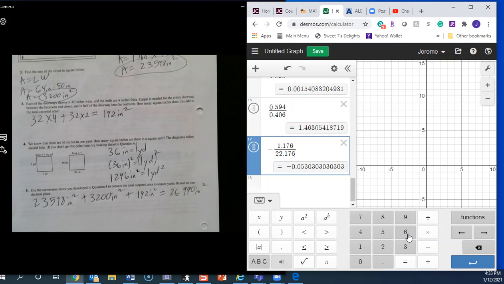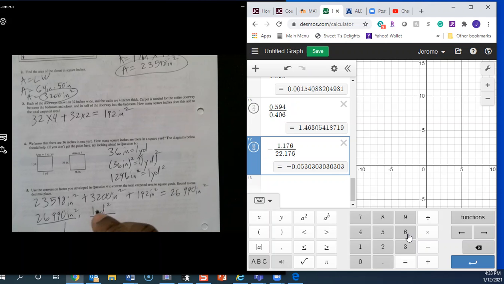So now they want us to convert this to square yards. So we had 26,990 square inches. We'll put that over 1. Multiplied by 1 square yard. Well, 1 square yard and 1,296 square inches are equivalent.